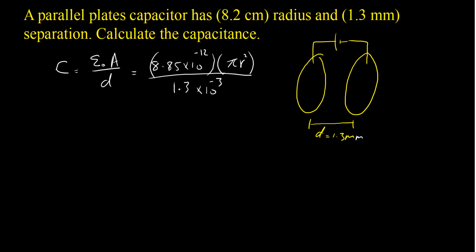So once again, it's 8.85 times 10 to the power minus 12, multiplied by pi multiplied by the radius squared. So it is 8.2 times 10 to the power minus 2 first, and it's squared.